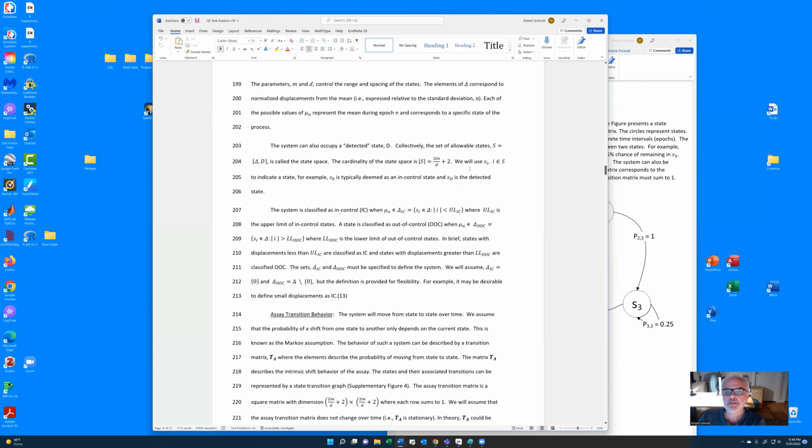And for every state, we just call it S sub i for state i. We'll designate S sub 0 as the in control state, where it's on target and there hasn't been any shift, and S sub D is the detected state.